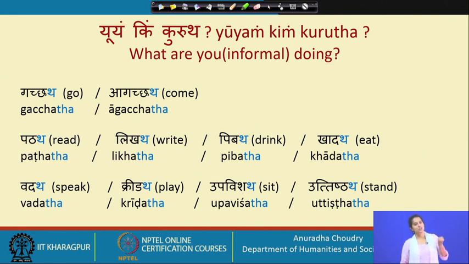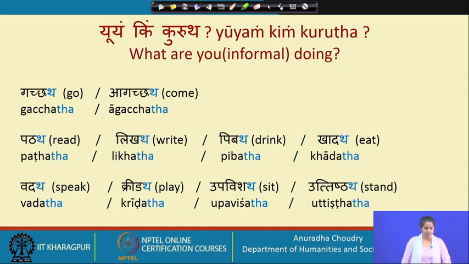Tvam agachasi, yuyam agachatha. Now you've noticed that I haven't put in the pronoun here, and again reminding you that because the verb ending in tha, gachatha, agachatha, is self-sufficient to explain to us that the pronoun accompanying this verb is the second person plural.